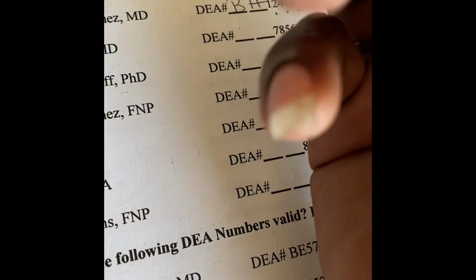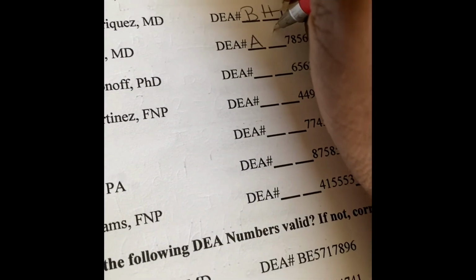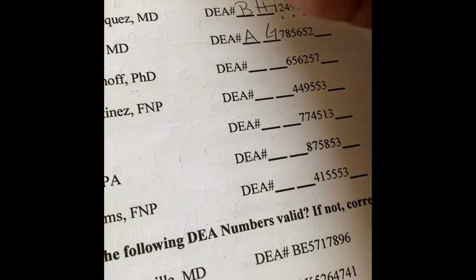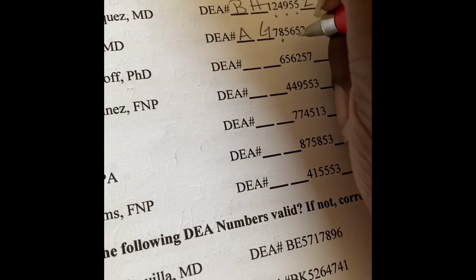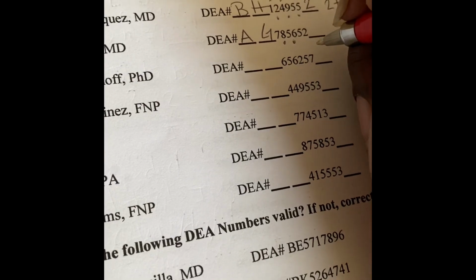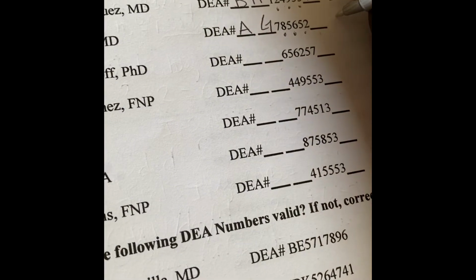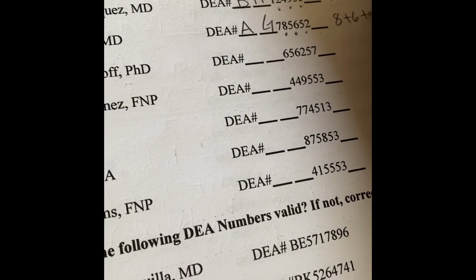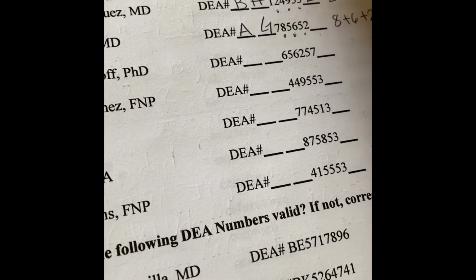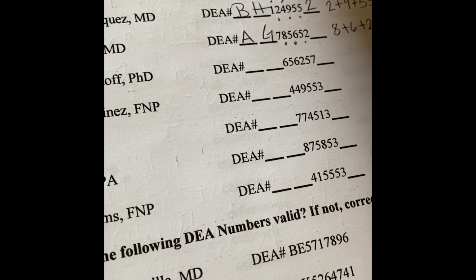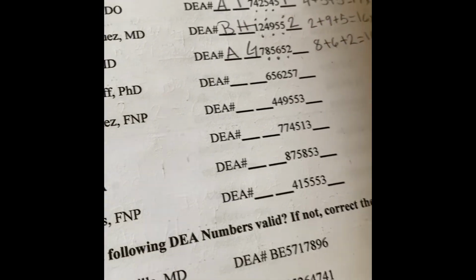Okay. So for number 3, we're going to do A. Last name's Gill, so G. And then we're going to do 8 plus 6 plus 2, which equals 16, times 2, which equals 32.